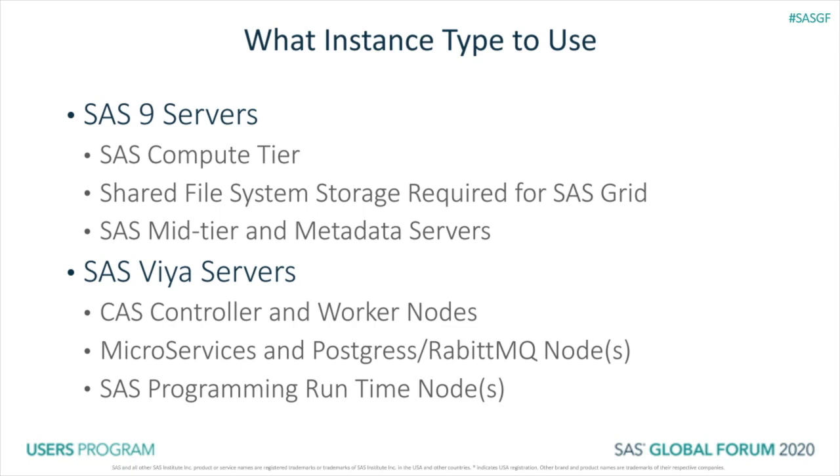One thing for sure that you're going to want to do is in the compute tier for SAS 9 and the CAS controller and workers for SAS Viya, you're going to want those all to be the same family processor set for Intel processors. They all need to be Skylake. They all need to be Broadwell. In Amazon AWS, it's very easy to do that because each of their instance families is only dedicated to a single Intel chipset.